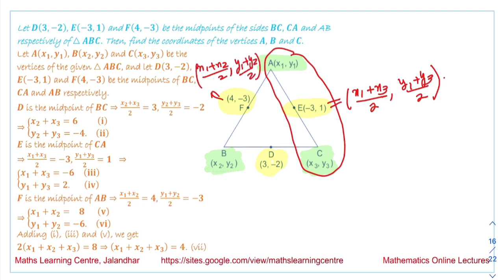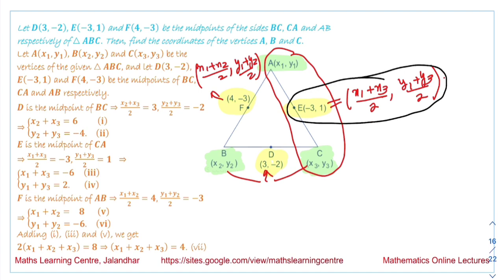So if we equate all these values, similarly we will get from these 2 points the coordinates of this point. On equating these values, suppose I am talking about these equations over here, x1 plus x3 by 2 is equal to minus 3, and y1 plus y3 by 2 is equal to 1.